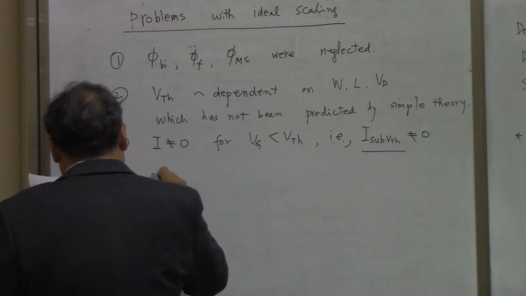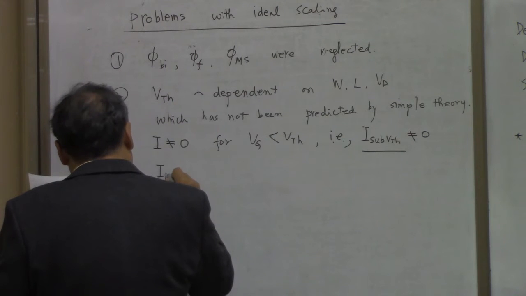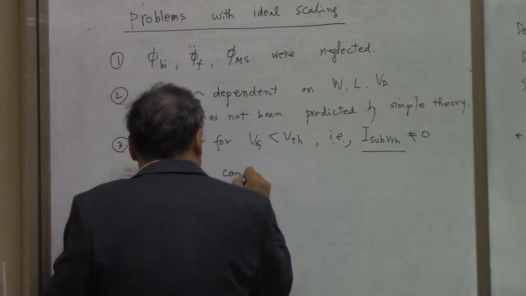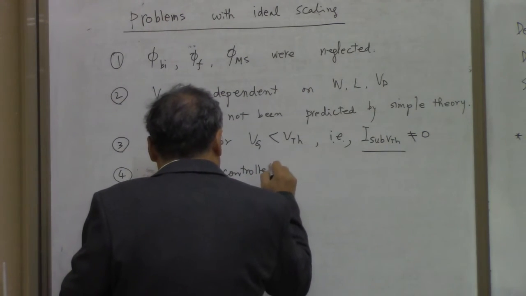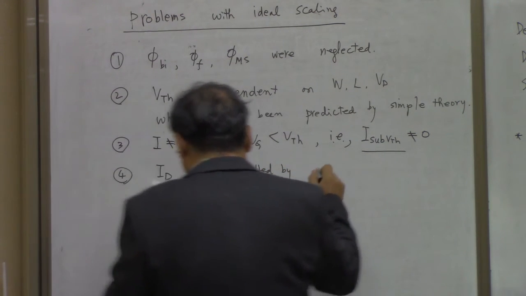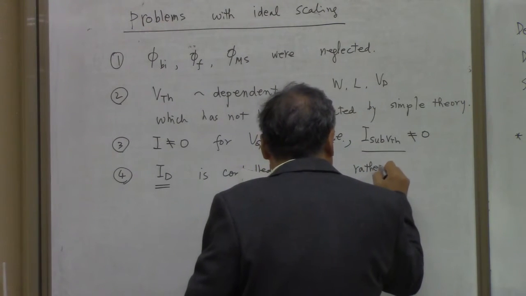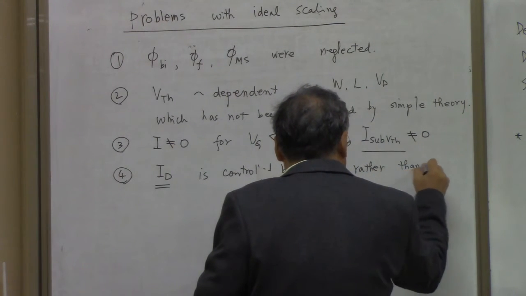And ID is controlled by VD rather than VG.